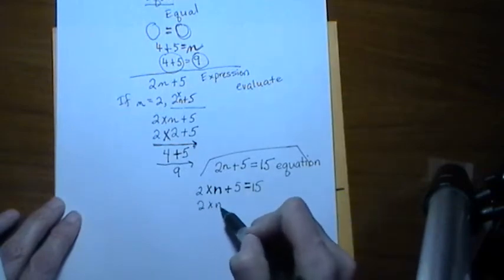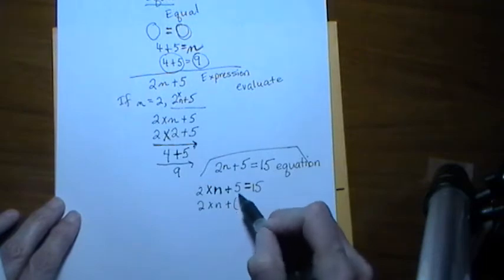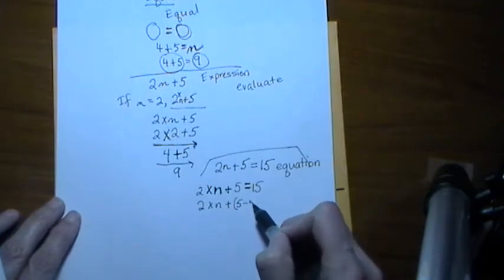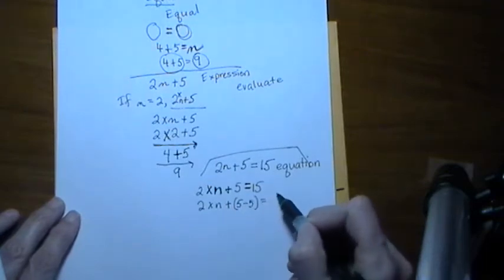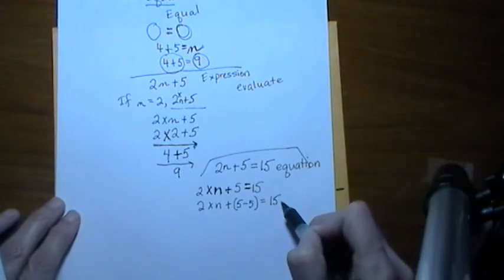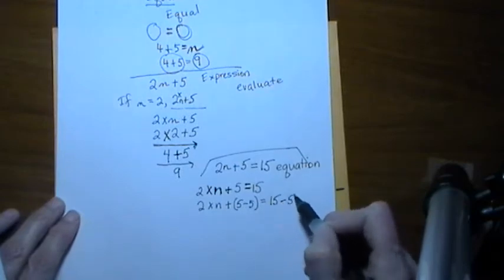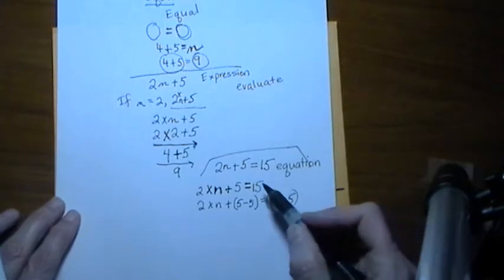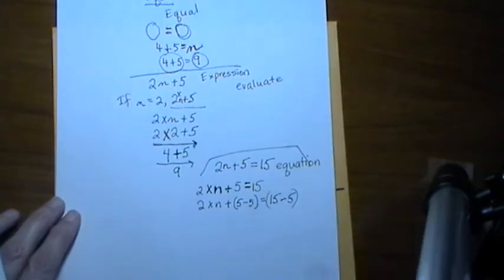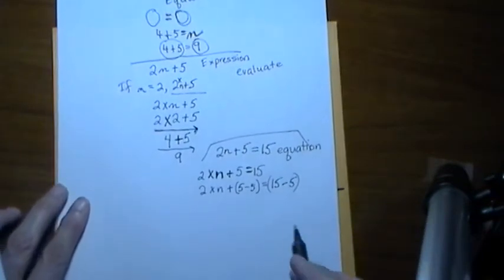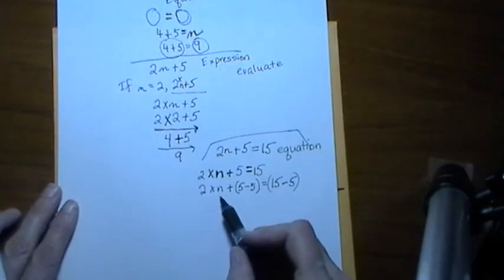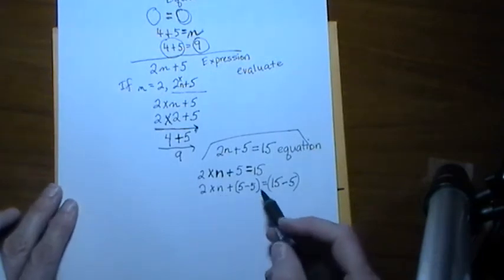So 2 times n plus 5 minus 5 equals 15 minus 5. Now you see we're removing 5 from both sides. And then that way we can get closer to finding out what the value of n is.